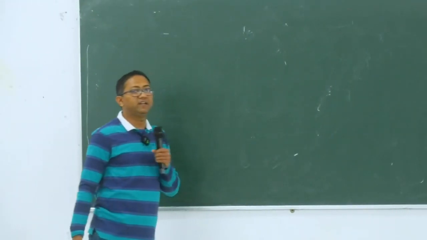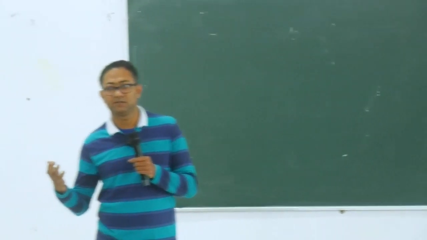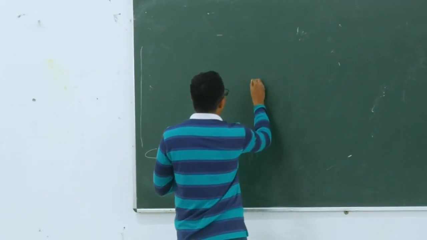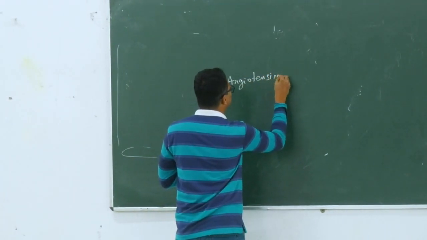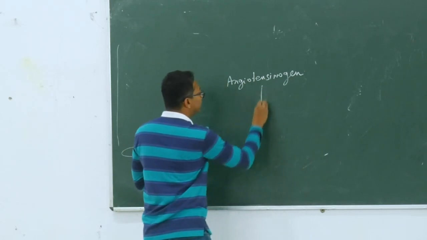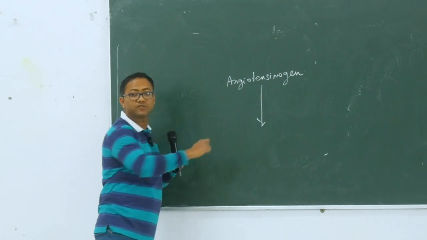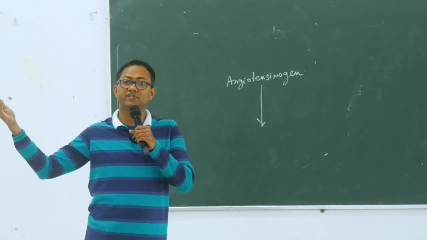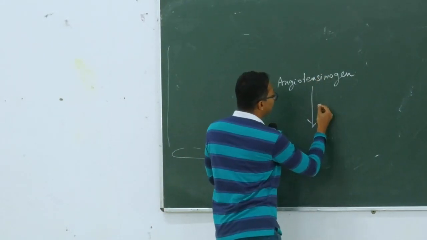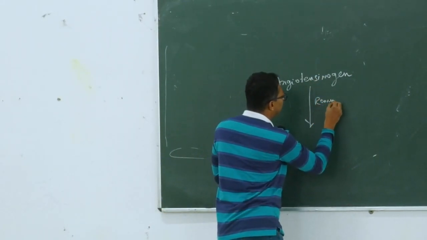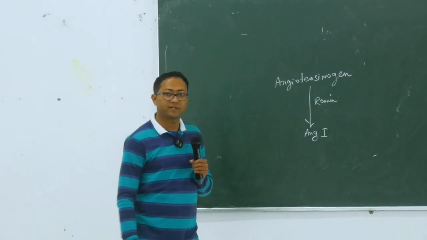So there is a protein which is secreted from liver, and the protein is called angiotensinogen, right? It will convert into, এটা কোথা থেকে আসছে? Angiotensinogen কোথা থেকে আসছে? Liver থেকে আসছে, okay, from liver, right? Now with the help of renin, there will be formation of angiotensin 1, right?